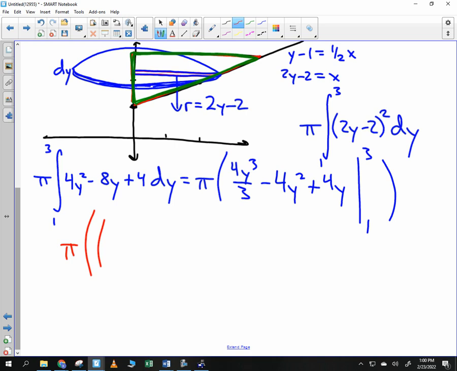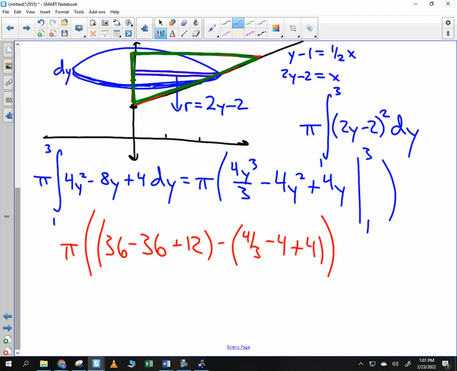3 cubed is 27, divided by 3 is 9, times 4 is 36. 3 squared is 9, times 4 is 36. Oh, look at who wrote that problem. Minus 12. Now I will plug in 1, and I will get 4/3. It is plus 12.